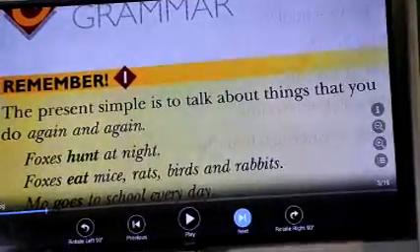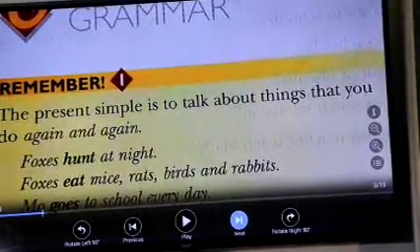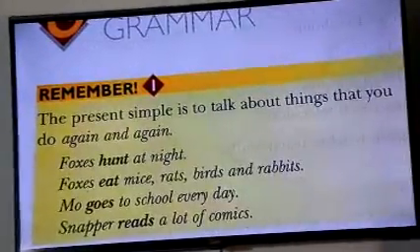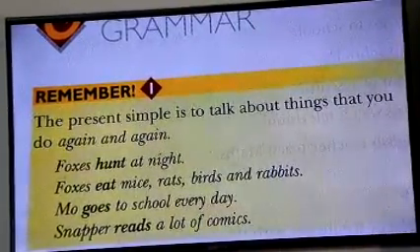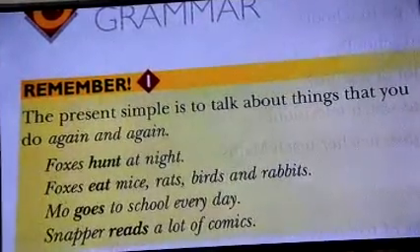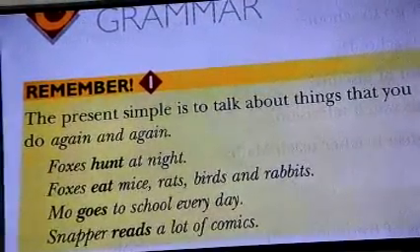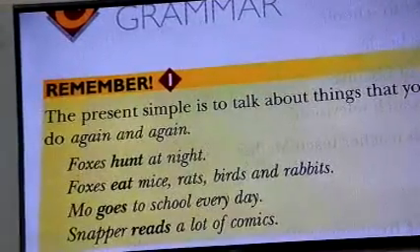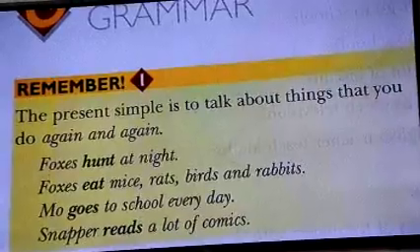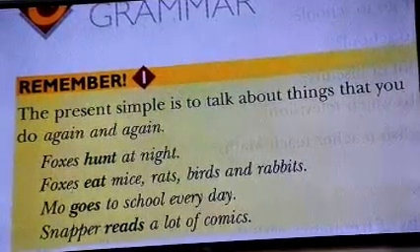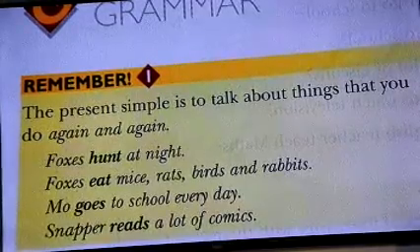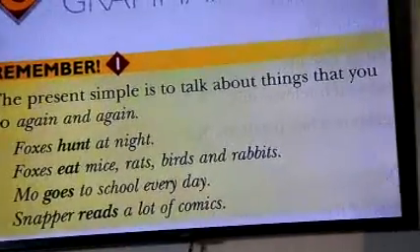So what is it that you are supposed to remember? The present simple is to talk about things that you do again and again, that is habitual action. Foxes hunt at night. It's a truth. It is a habitual action. Foxes eat mice, rats, birds, and rabbits.